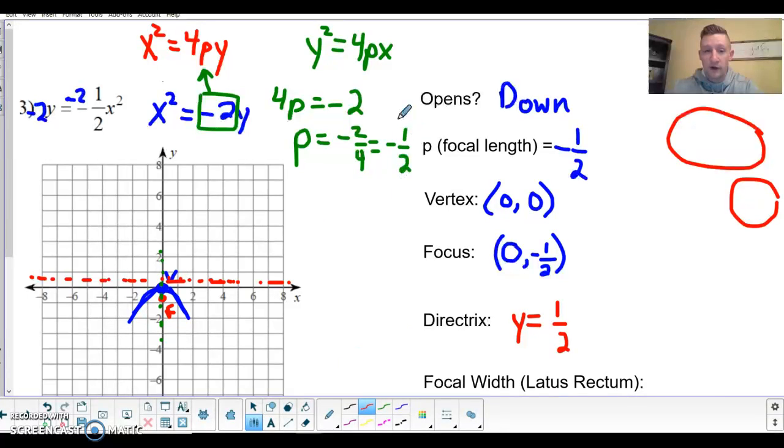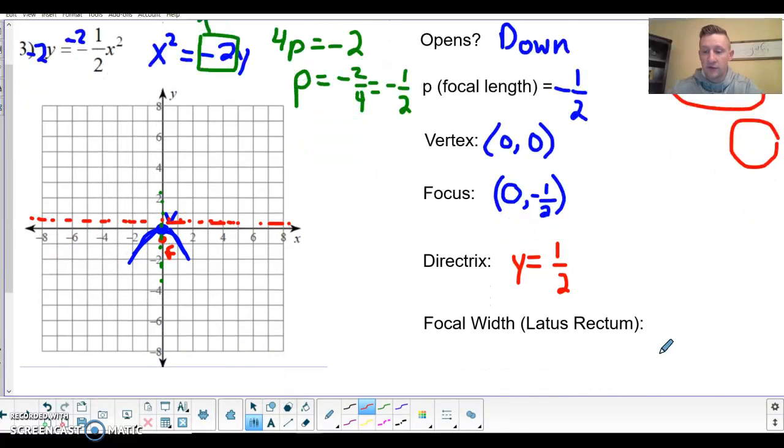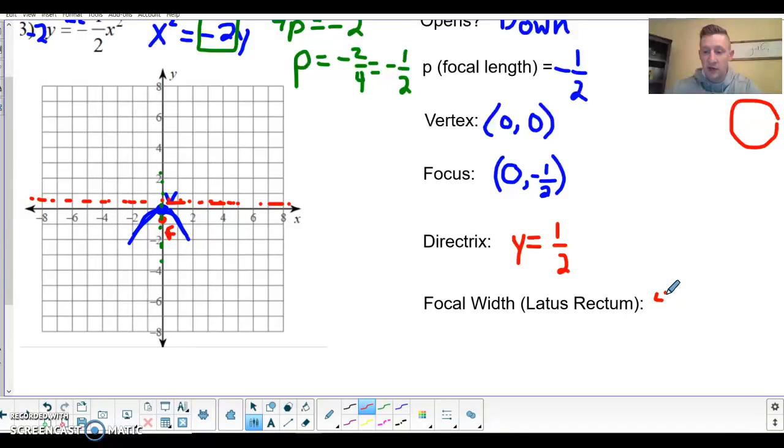So if p is negative 1/2, to find my focal width, I take 4 times negative 1/2, which is negative 2. But remember, this is referencing a distance. Therefore, I take the absolute value of negative 2, which gives me positive 2. That would be my focal width.